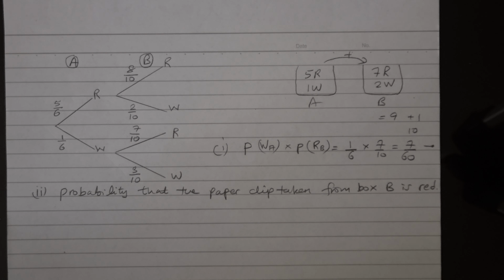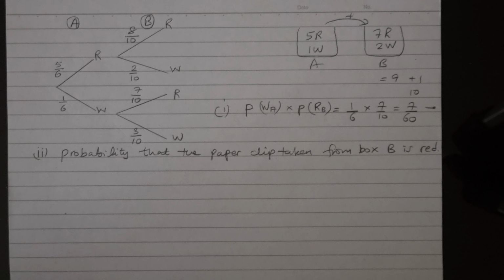Now in the second part of the question, we want to find the probability that the paper clip taken from box B is red. So how are we going to do this?